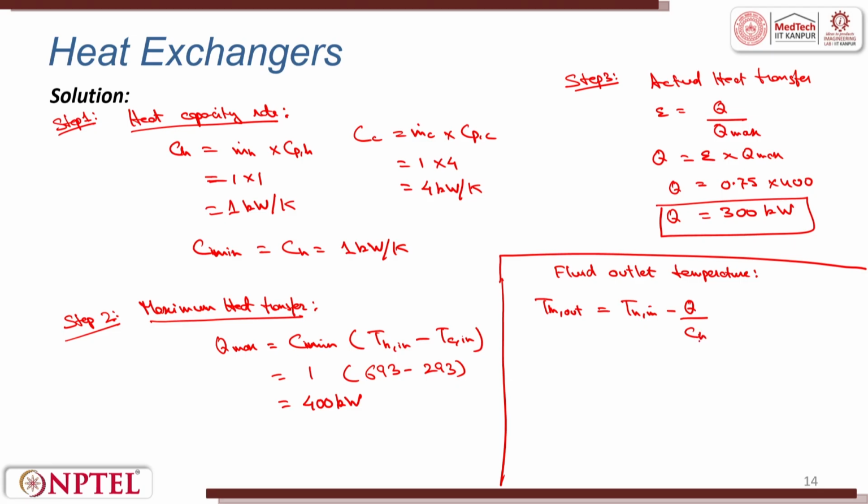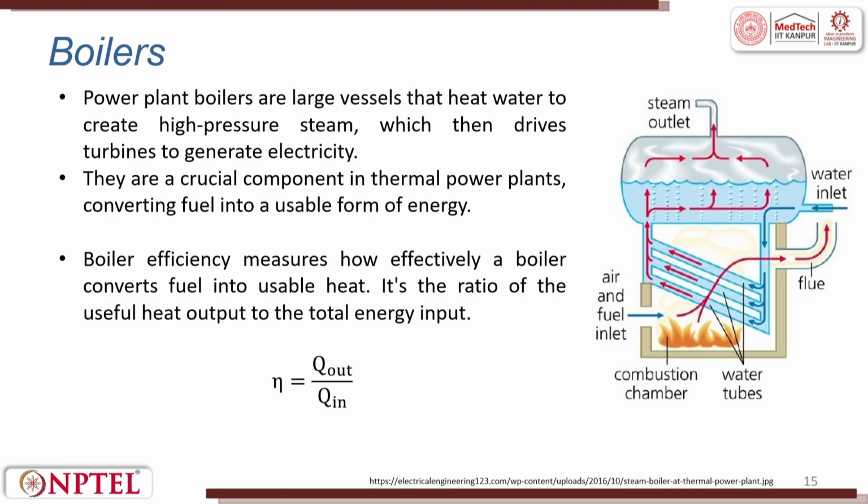These values you know, and similarly you can find T_C outlet, that is T cold outlet, which is equal to T cold inlet minus Q by C cold. This you can calculate further. I will come to the next application, that is boilers.